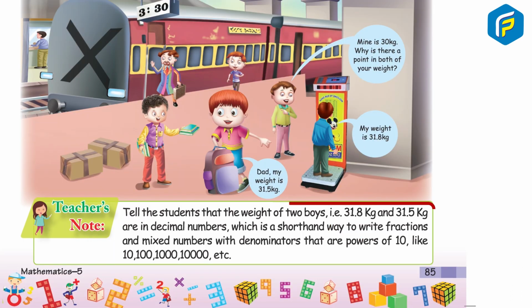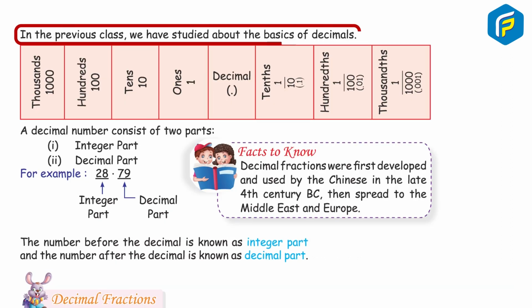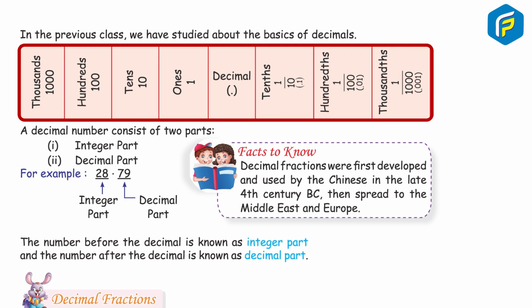Teacher's note. Tell the students that the weights of two boys, 31.8 kg and 31.5 kg, are in decimal numbers, which are a shorthand way to write fractions and mixed numbers with denominators that are powers of 10 like 10, 100, 1000, 10,000, etc. In the previous class, we studied the basics of decimals: thousands, hundreds, tens, ones, decimal, tenth, hundredth, thousandth.